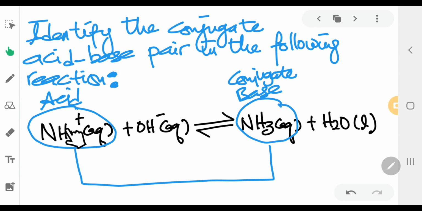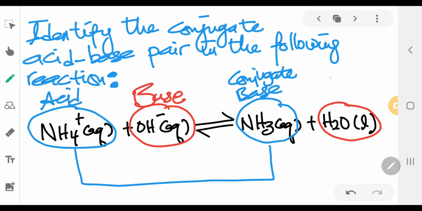Now we have identified the acid and the conjugate base. Therefore, this species right there, OH minus, would surely be your base, and this one will be the conjugate acid.